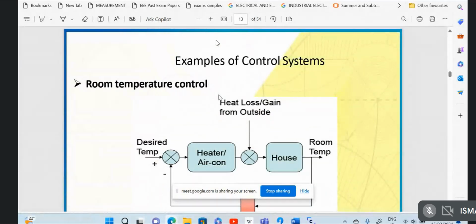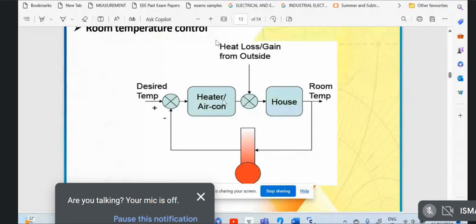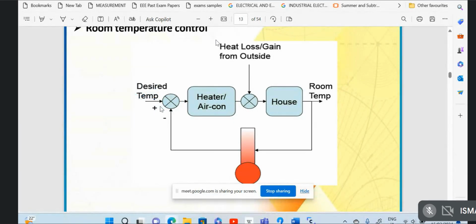We also have a temperature control system, whereby you have set the temperature to maybe 23 degrees centigrade, which is room temperature, or maybe it is very cold, so it's 40. Then you have the aircon in the house. The house is the one you want to heat. The aircon has a temperature sensor and the heater.